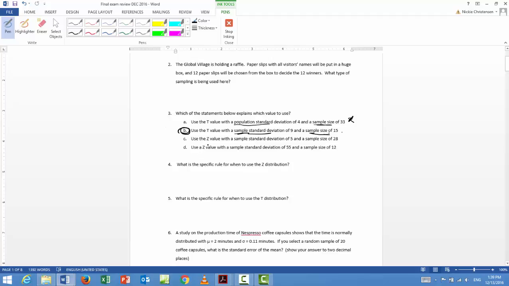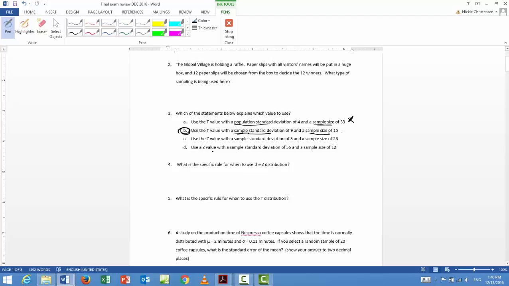Let's look at the last two. Use the z value with a sample standard deviation of 5 and a sample size of 28. No, because for the z, we either need to know sigma, we don't know sigma, okay, or our sample size has to be 30 or higher. So this option C doesn't have anything valid to use z.